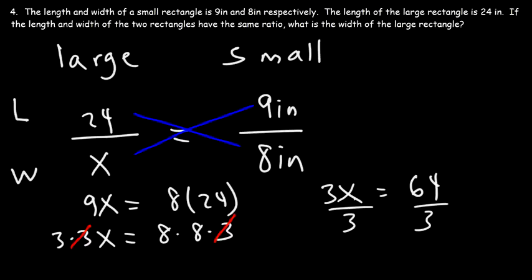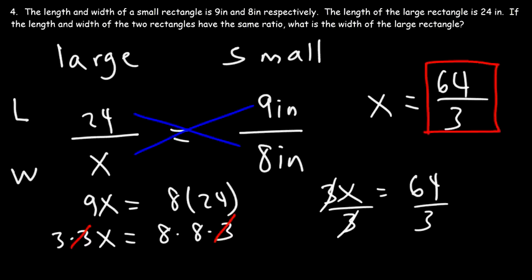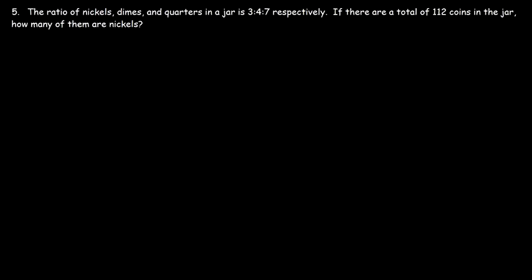Now let's divide both sides by 3. 3 doesn't go into 64, so we can leave our answer as 64 over 3. So that is the exact answer of the width of the rectangle. But if you want to turn that into a decimal, this is about 21.3, or we could say 21.3 repeated. And the units, inches. So that's it for this problem.